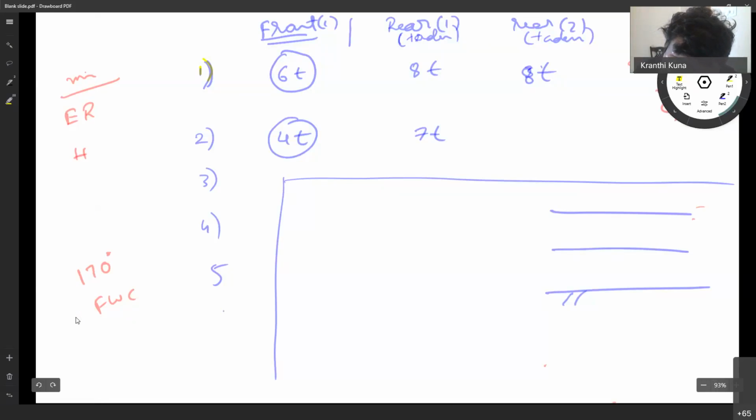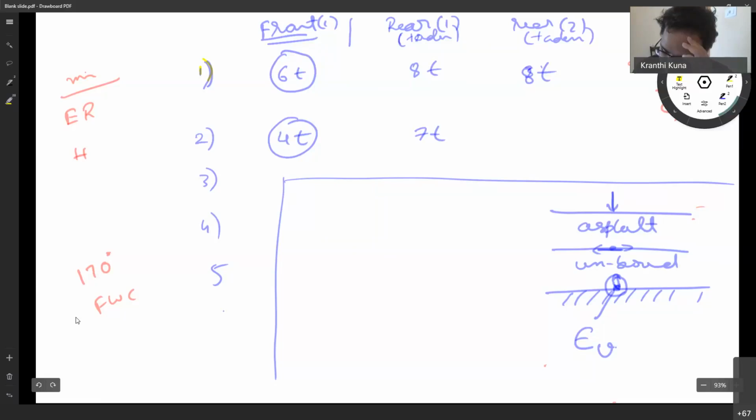I want you to pay a little more attention to this one, because this is again a very important point. If you are very familiar with it, this is a straightforward point. At this location, you want to find out compressive strain. At this location, this is the asphalt bound layer. This is unbound.